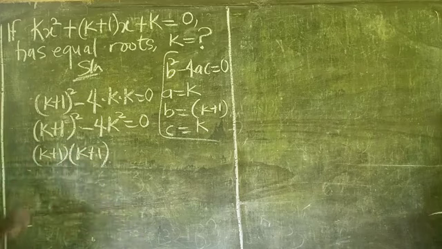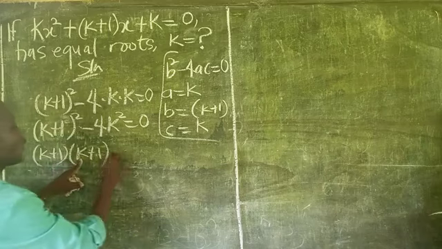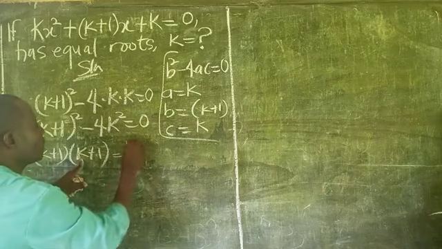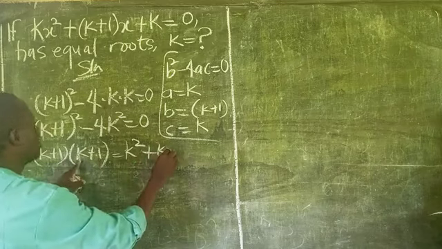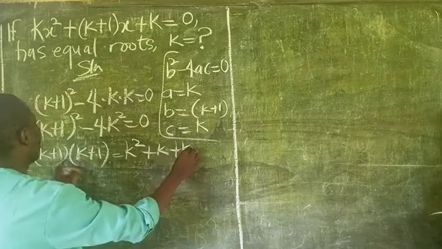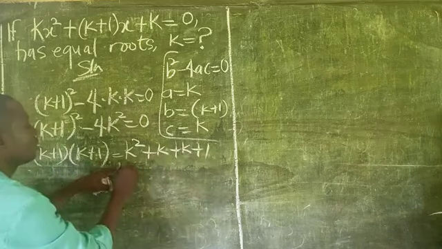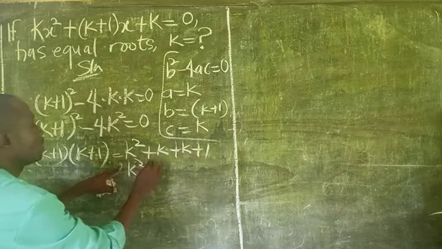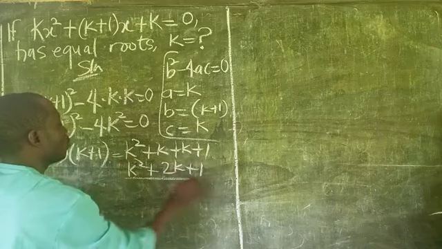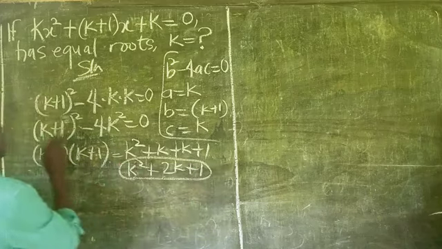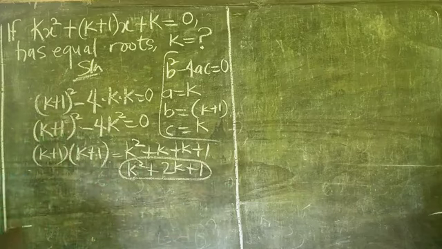If we multiply through, k times k will be k squared, k times 1 plus k, 1 times k plus k, 1 times 1 plus 1. This will be k squared plus 2k plus 1. So we're going to put this here.